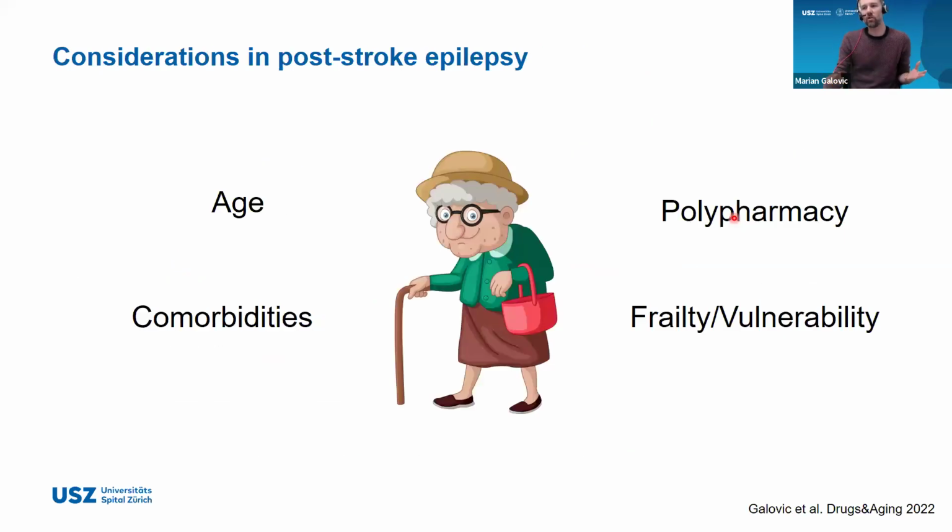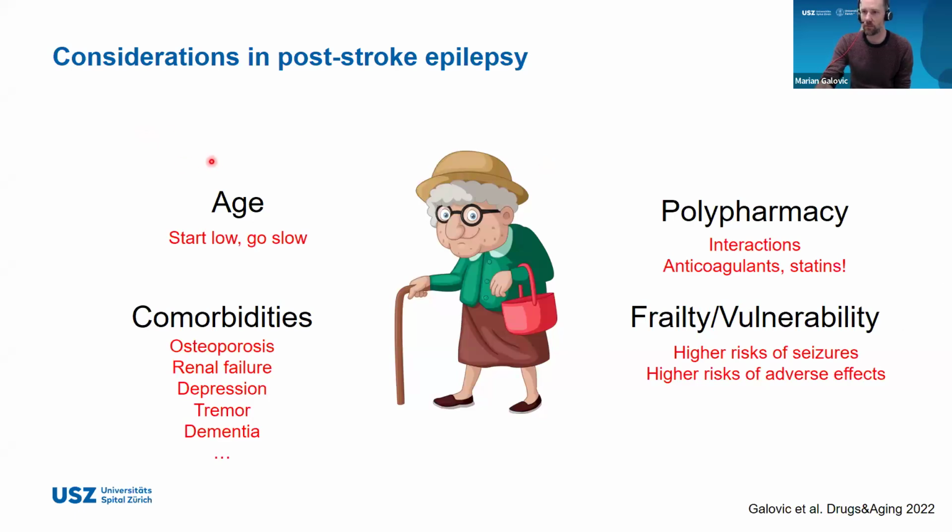But we know that it's not that easy in people with epilepsy, particularly in older individuals with post-stroke epilepsy. Why is that? Because these people are usually older individuals. They may have comorbidities. They frequently take polypharmacy. They may be quite frail and vulnerable.